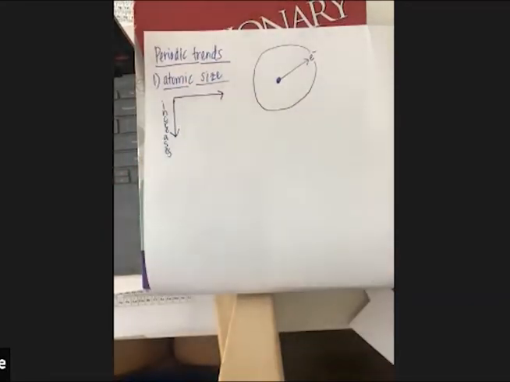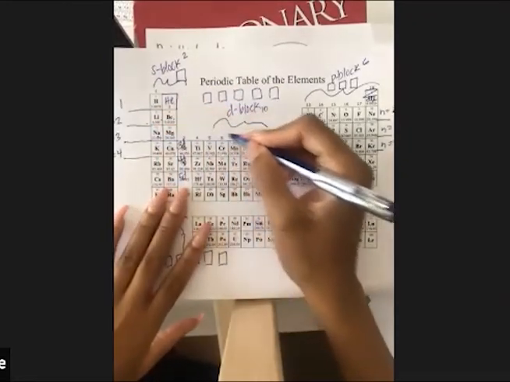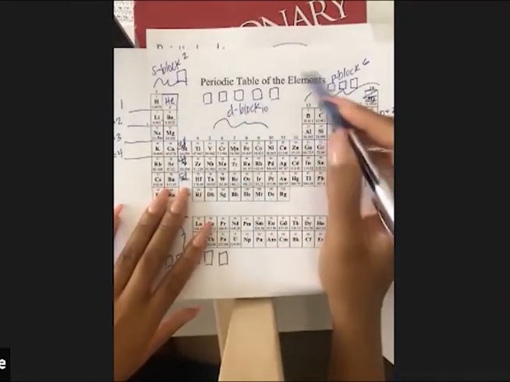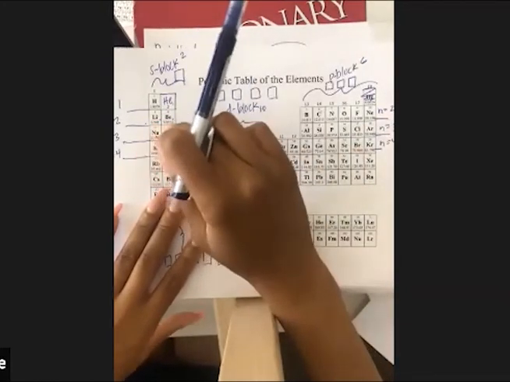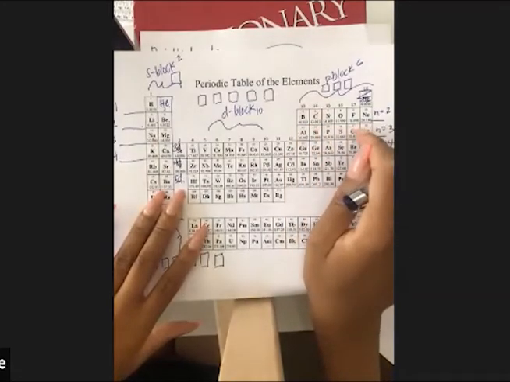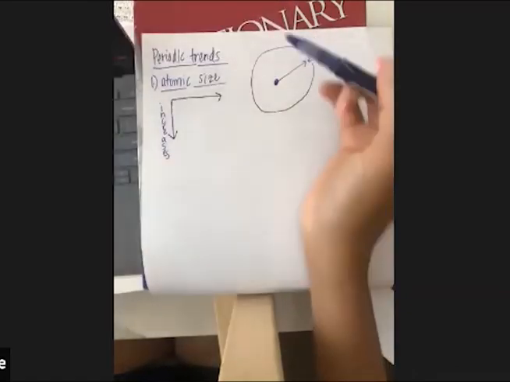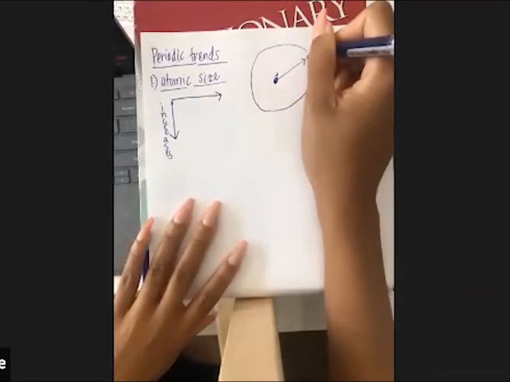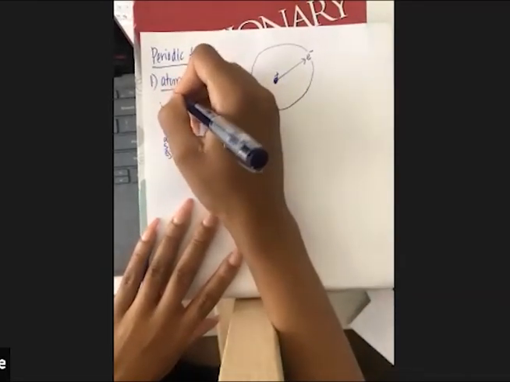But if we go across the periodic table, let's say we're in the same energy level, like n equals 3, you get more electrons. You go from 11 to 12 to 13, 14, 15, 16, 17, 18. The more electrons you have, the more protons in the positive nucleus pull in the electrons, so we say that the size decreases.